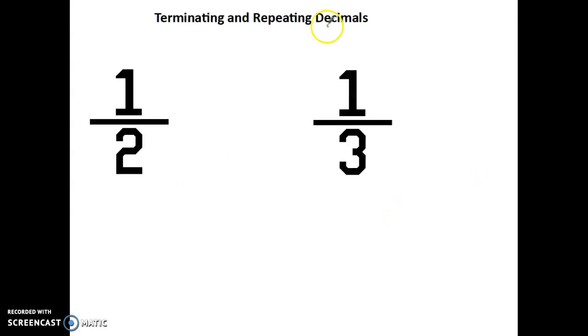Let's talk about these decimals that we can get. Go back to the one we know. 1/2 is 0.5. This decimal ends. It terminates. So we call it a terminating decimal. When they end, we can refer to them as terminating decimals.